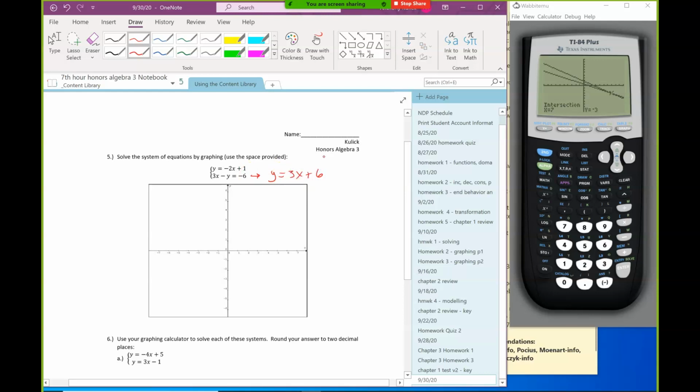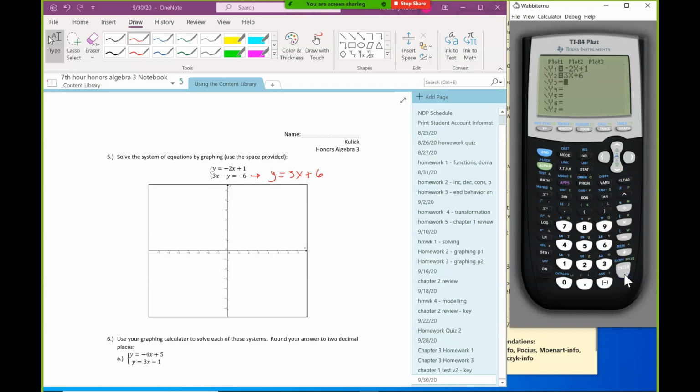So that'll give me y equals 3x plus 6. And so now I'll just go to my calculator and graph those.